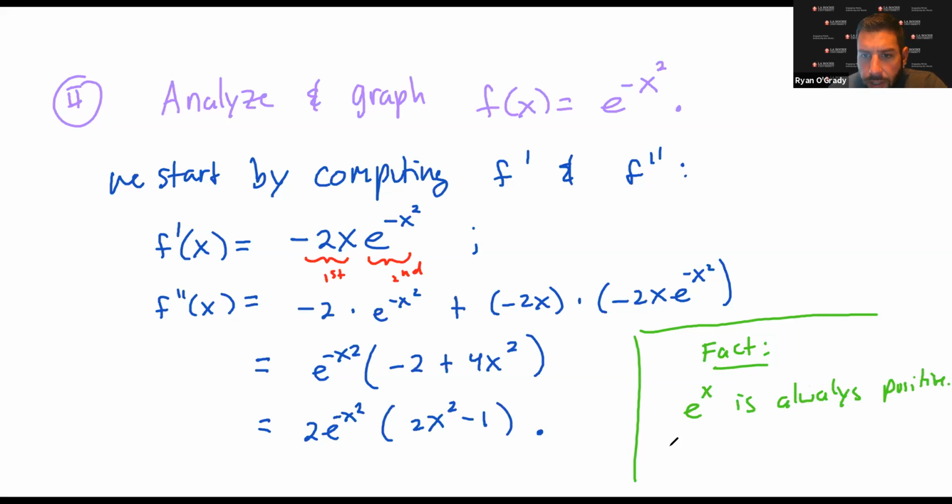Always. So thus, even e to the negative x squared is greater than 0. It's never equal to 0. You could spend the rest of your life going to a calculator or doing it by hand and taking e to a negative of a number squared. It's just never going to be 0, and it's never going to be negative.